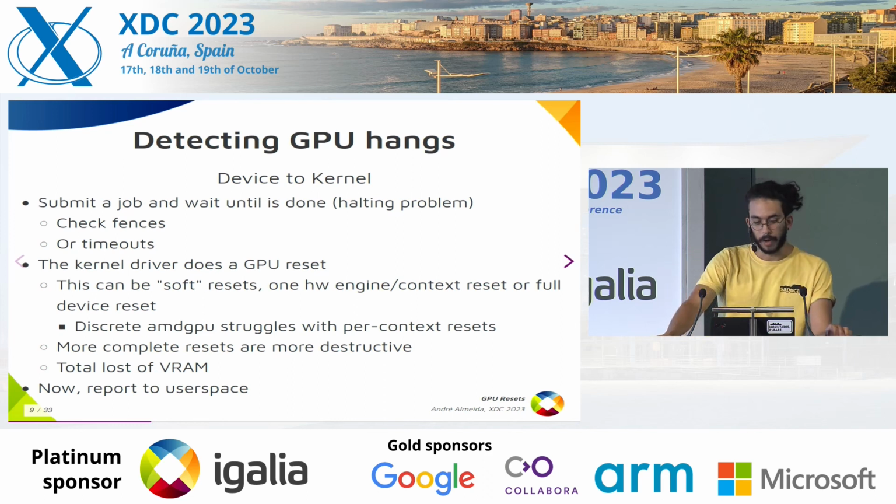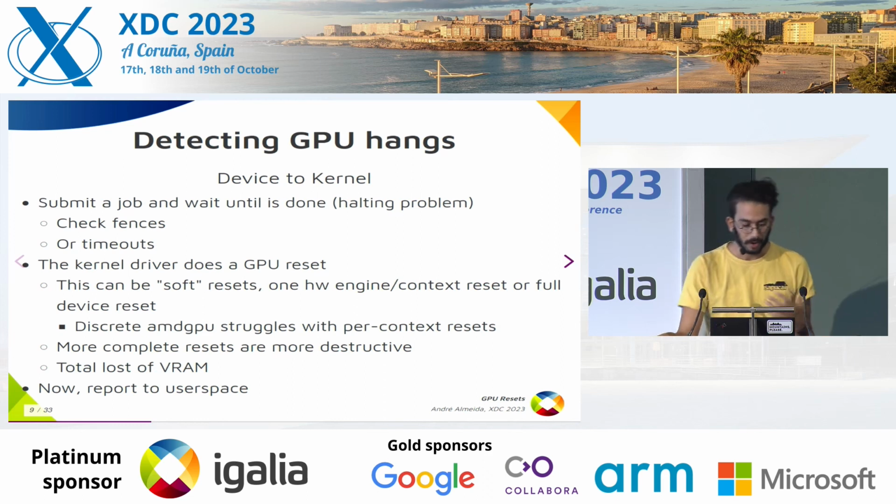From what I found, discrete AMD GPUs struggle with per-context resets. They usually just go for a full reset most of the time. And that means a total loss of VRAM. So if your game crashes, probably GNOME or whatever compositor you're using will also crash.